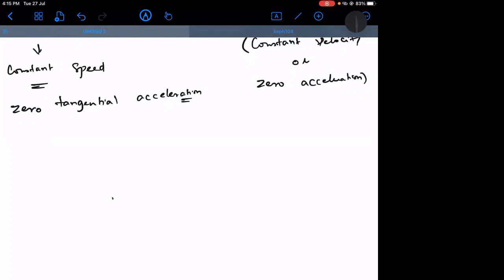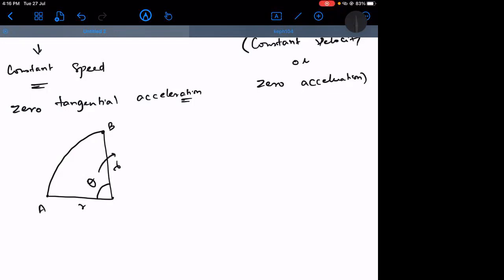Means when you have a particle which is moving in a circular path like this, where this is the radius and this is also the radius, and you are able to think of an angle that is getting subtended at the center, then this kind of motion is what is called circular motion.